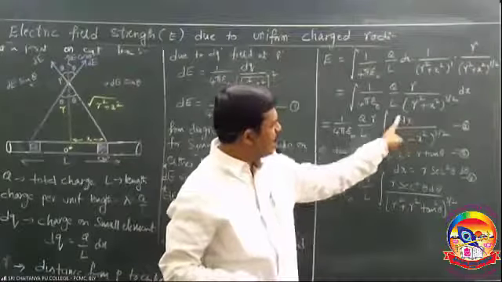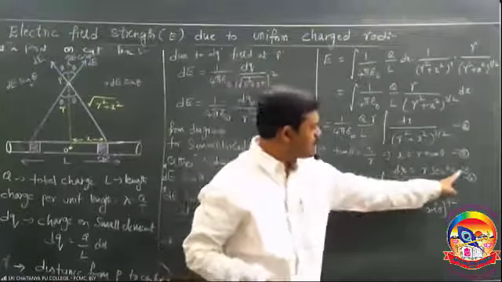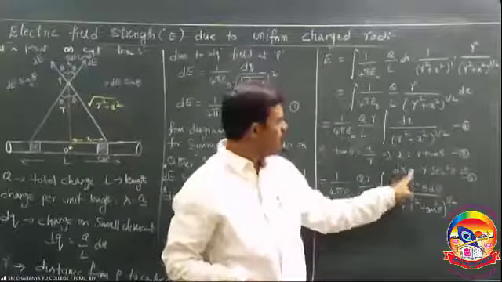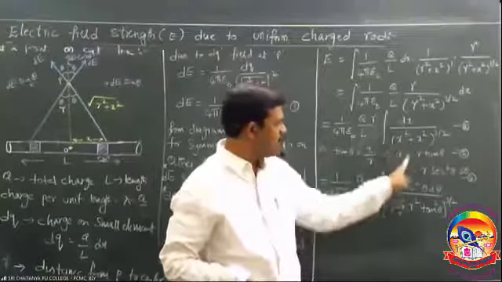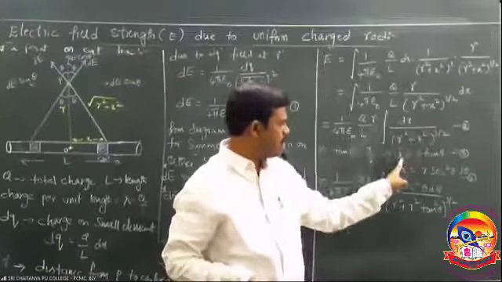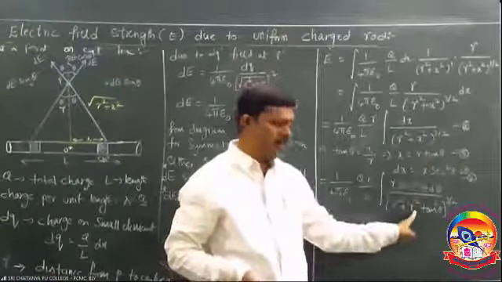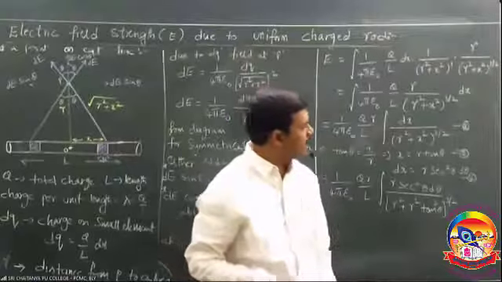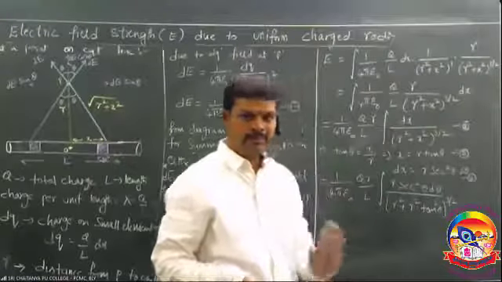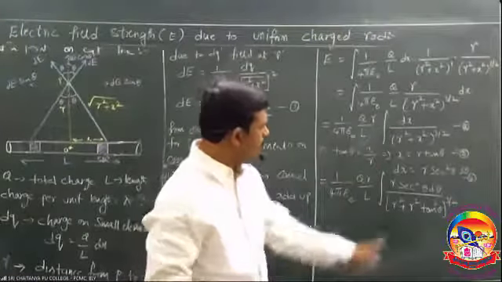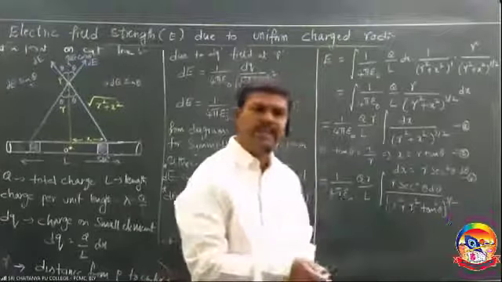In place of dx, r secant square theta d theta. In place of r square, r square. In place of x square, x is equal to r tan theta, so x square means r square tan square theta.